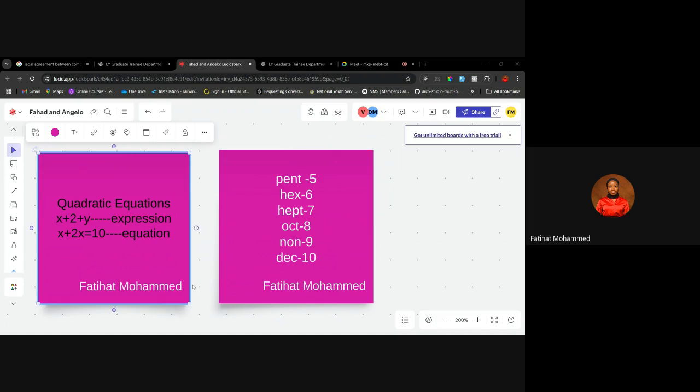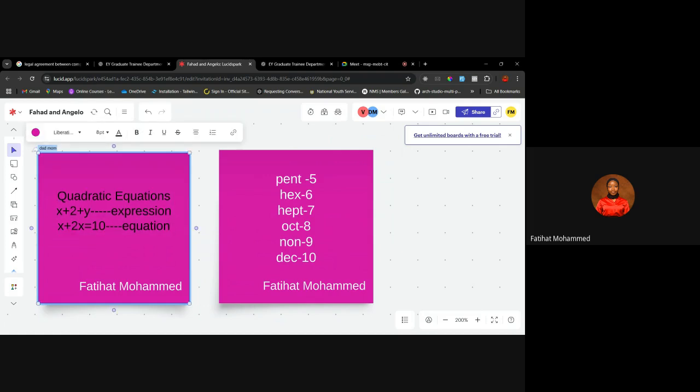So if I have something like x to the power of 2 plus 2x plus 4, for example, equals 0, this is an example of a quadratic equation.